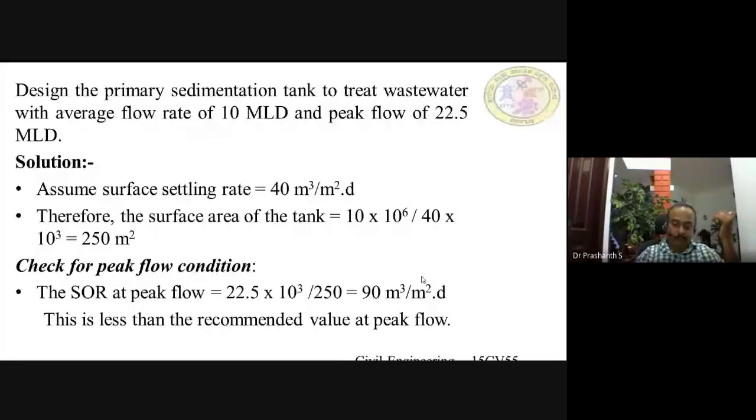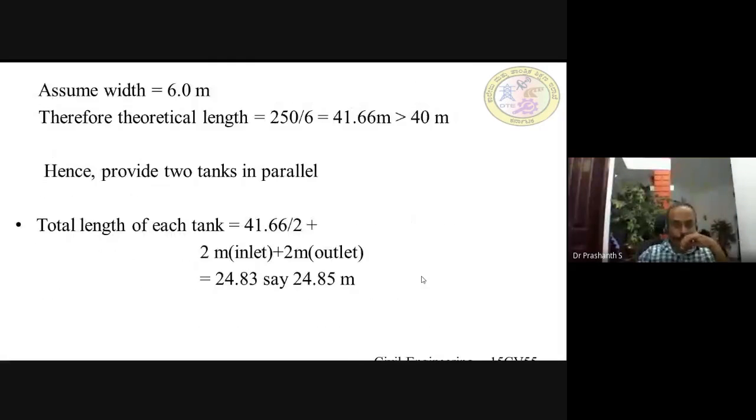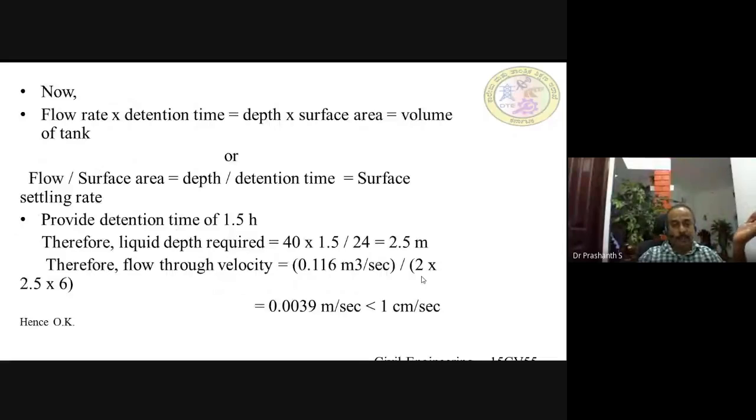That is calculated. It's well fine. Again, we have assumed the width. Based on the assumption of width, length has been calculated. So total length of the tank has been calculated. Then we have assumed the detention time of 1.5 hour, and using that we have calculated the liquid depth.